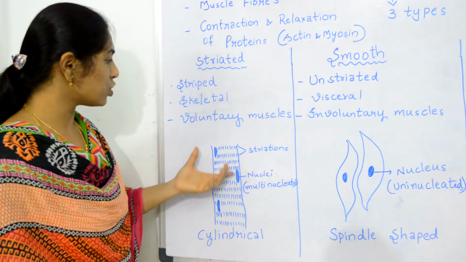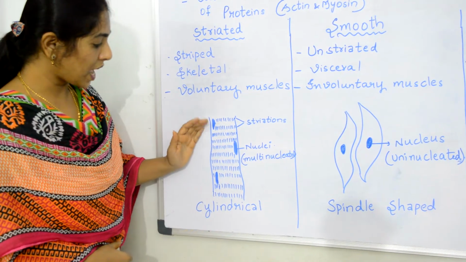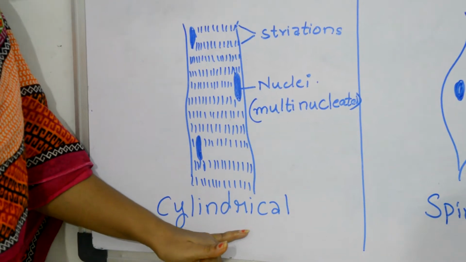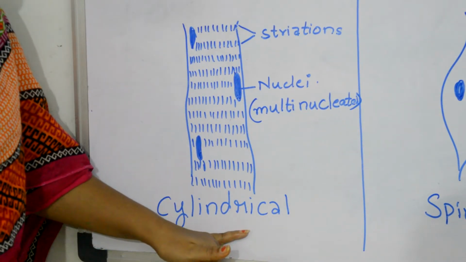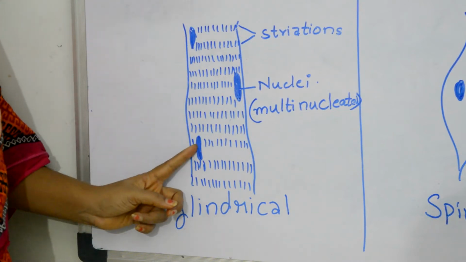Now coming to the structure of this muscle cell or muscle fiber. If you look here, it is cylindrical in shape. The muscle fiber is cylindrical and multinucleated. You can find many nuclei here.